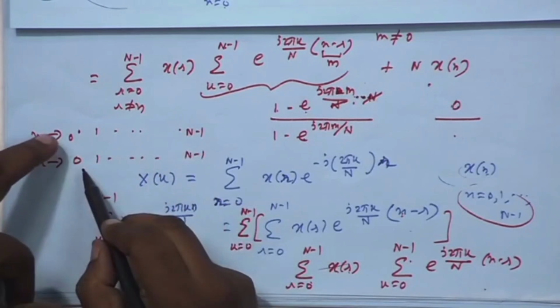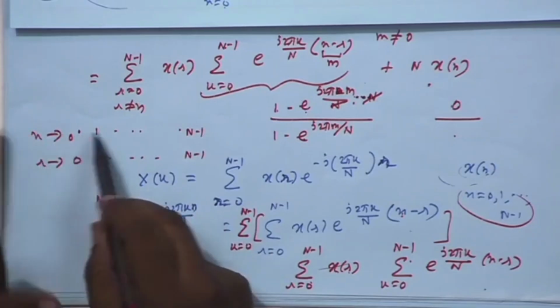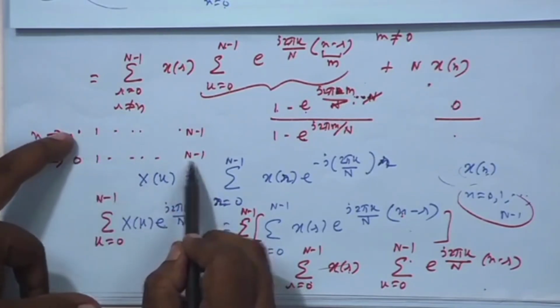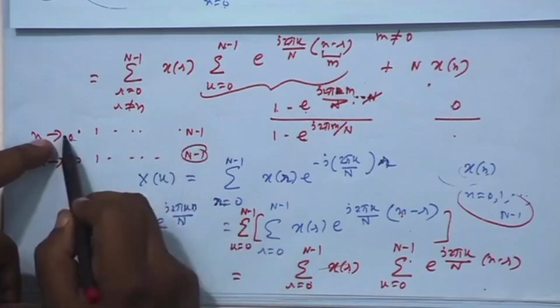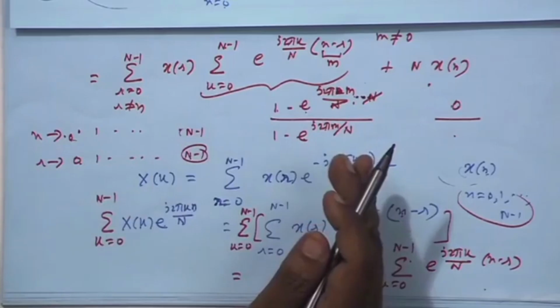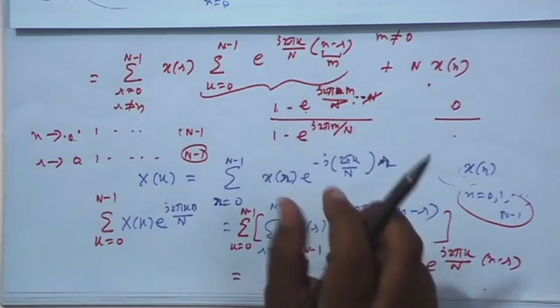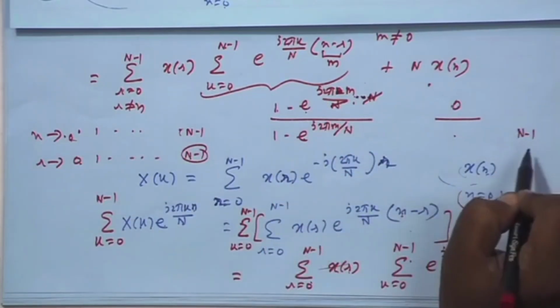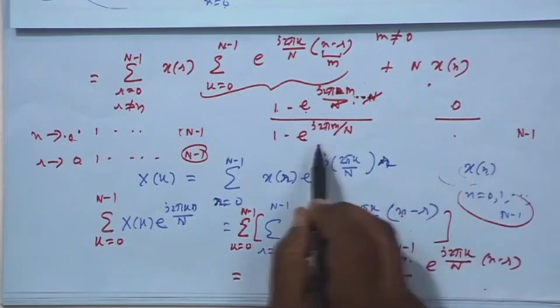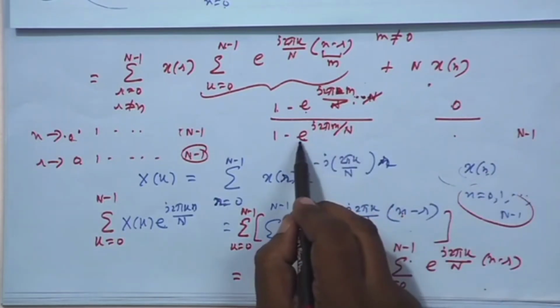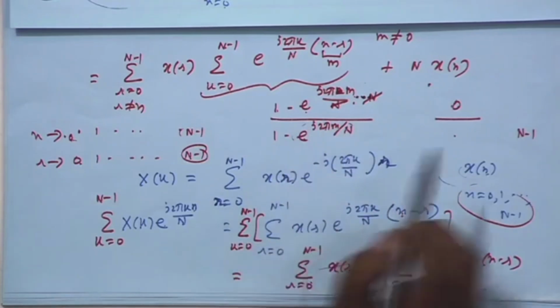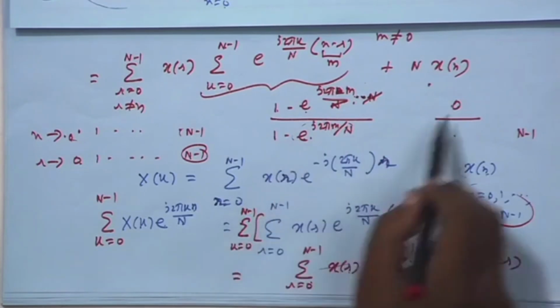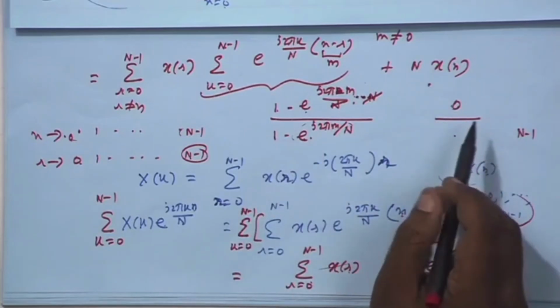So n minus r can be maximally capital N minus 1; the difference can be this minus 0 or 0 minus this, at most. So m can be maximally capital N minus 1 or less than that. It cannot be equal to capital N, which means e to the power j 2 pi into this factor can never be equal to 1. So the 0 by 0 case does not arise.